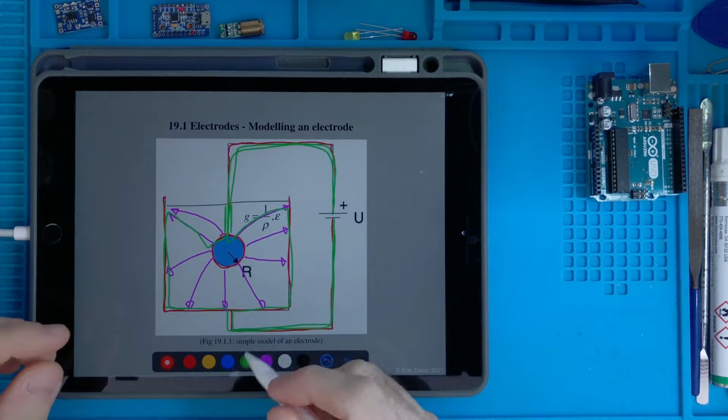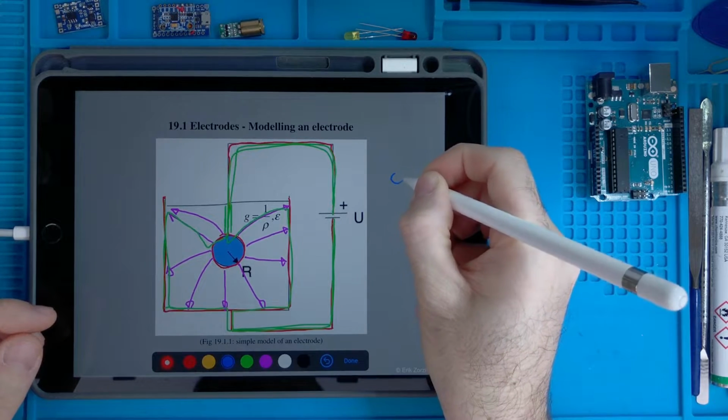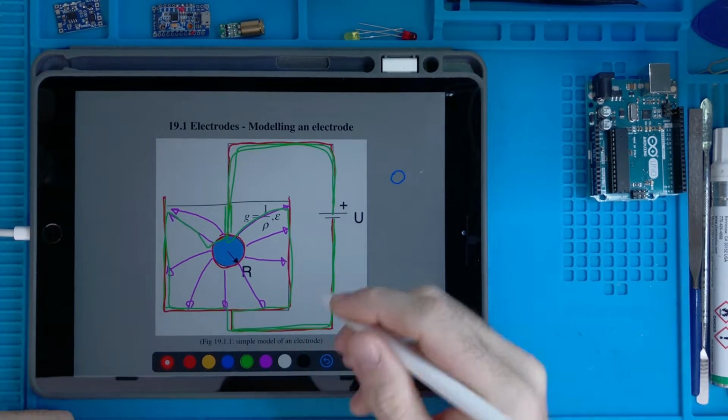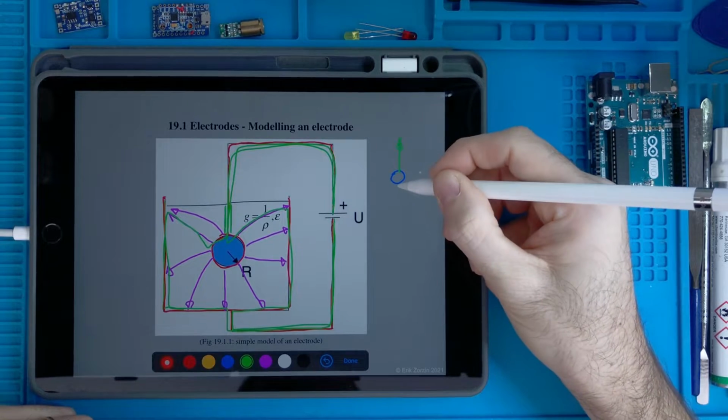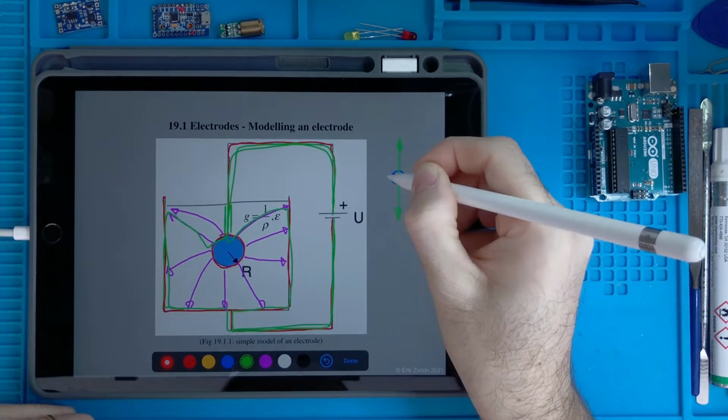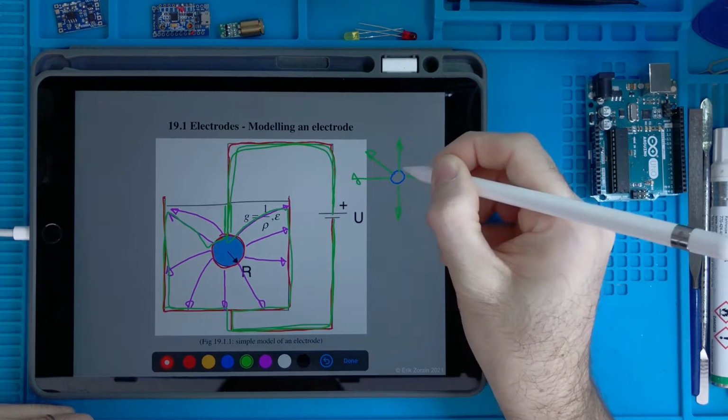So in an ideal case, now I make a little drawing here aside, those streams of current are basically exiting radially out of this sphere.